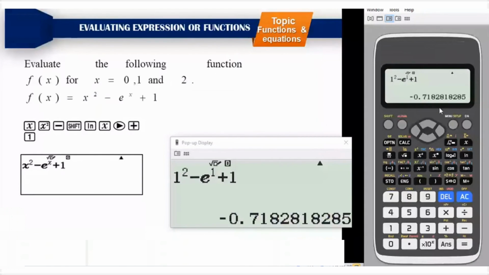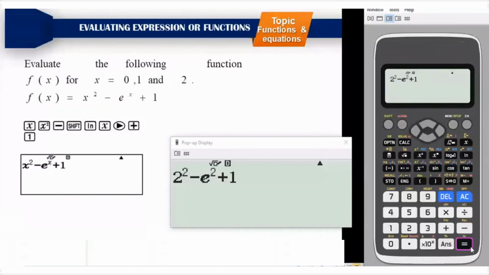But the calculator was not giving you this correct answer because it was solving the equation in such a manner that we were only getting the first answer. We were not getting the multiple answers. Similarly, when I insert 2, I will get yet another answer, that is minus 2.389.